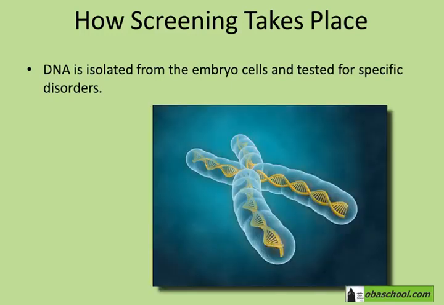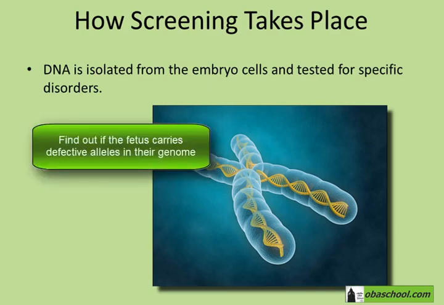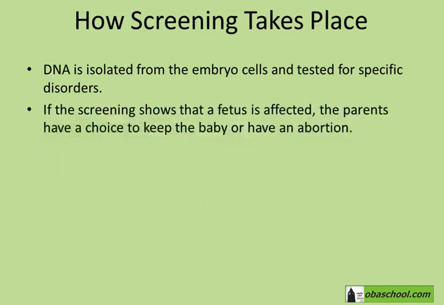DNA from the fetal cells or from the embryo is taken and isolated and tested to screen the genome. That's why it's called genetic screening. You screen the genome to find the specific gene for this disease and to see what allele is found in the fetus or in the embryo. This is how you test for specific disorders in the fetus or in the embryo.